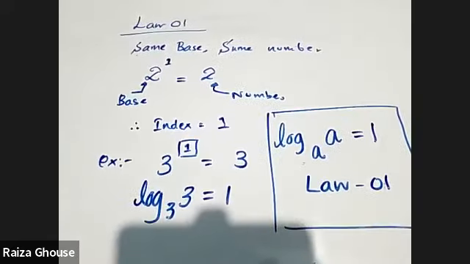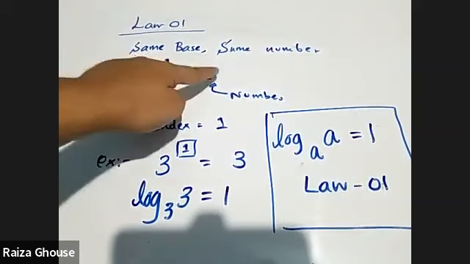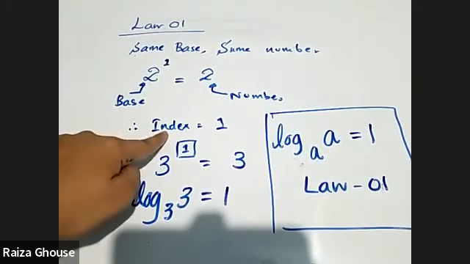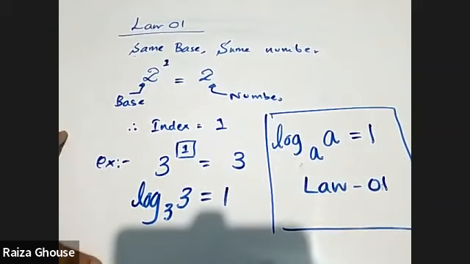Is everything clear? Right, now copy down. Write down law 1, same base, same power. Copy this in a different color. Then write, therefore index is 1, in the same color that you wrote the first sentence. Then copy down the example.